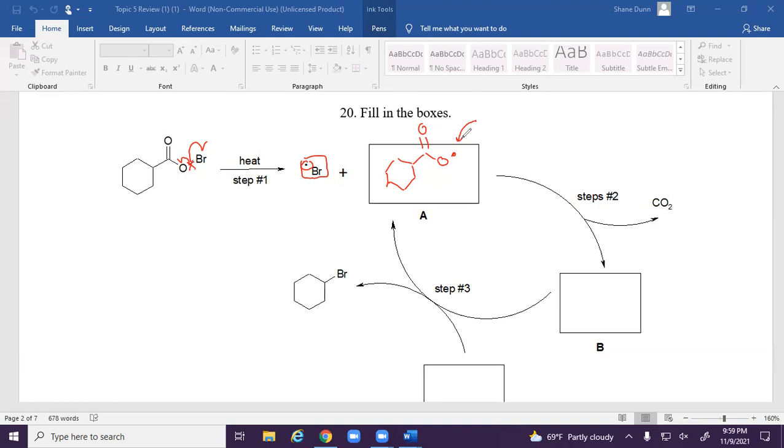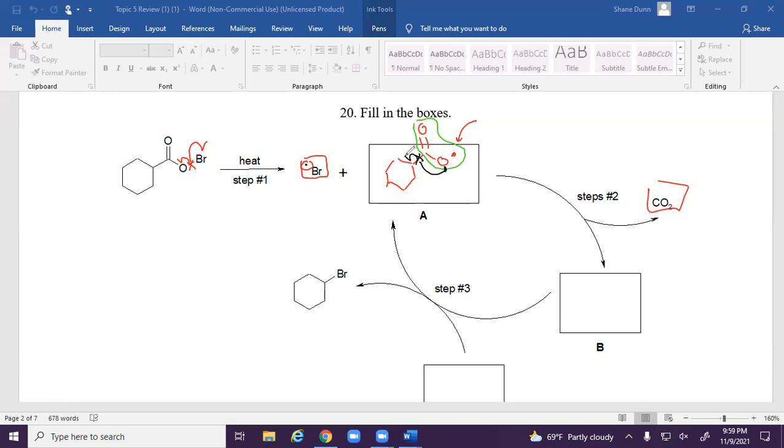And how we do that is we kick CO2 off. CO2 is an oxygen, a carbon, and an oxygen. So how do we give that oxygen another electron? By moving the double bond. Kick it off. You get a radical, and you get a radical.